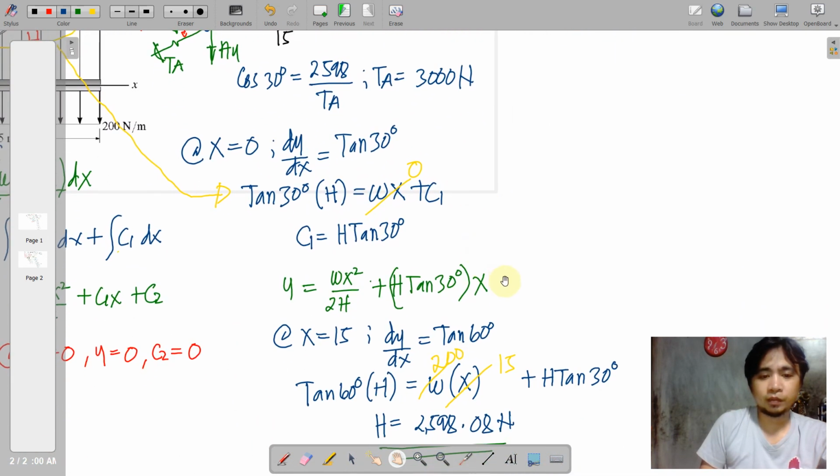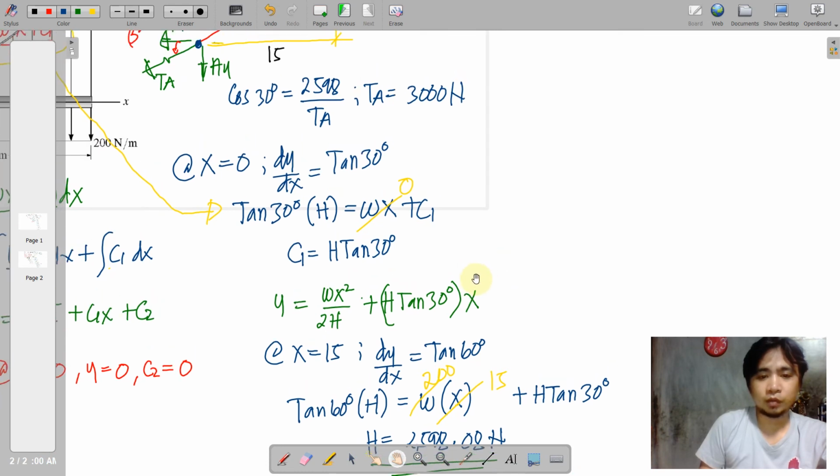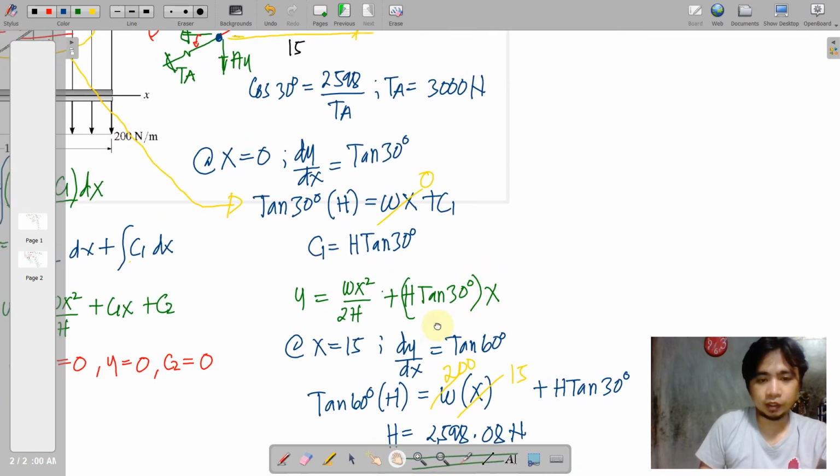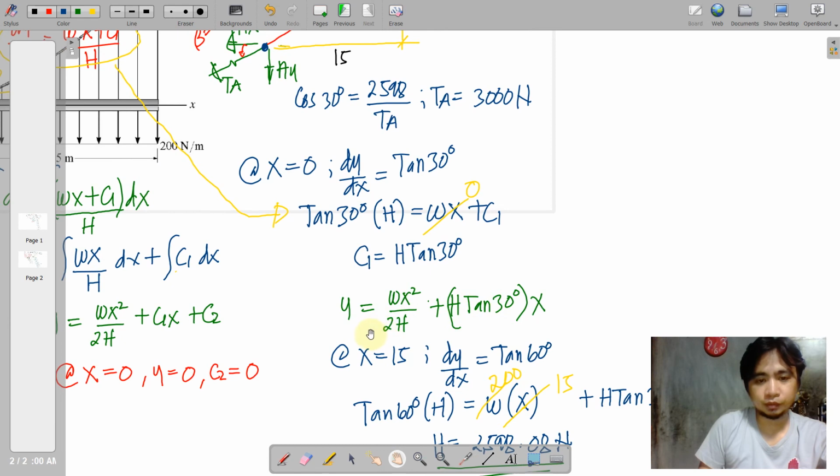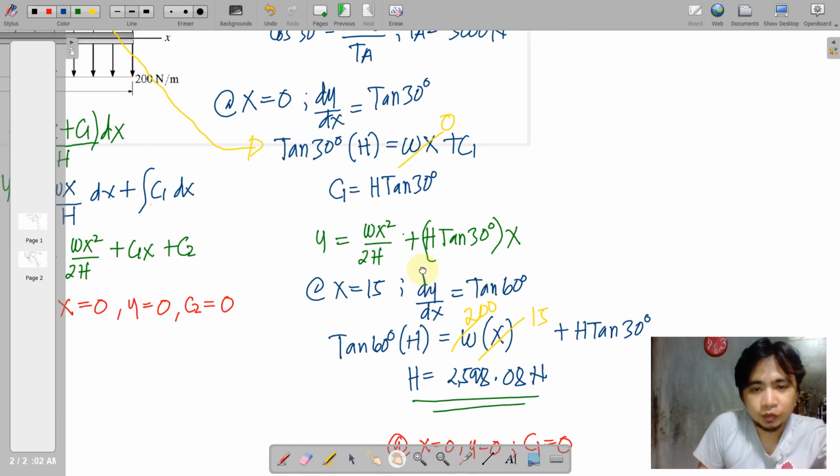And for the equation of y, so the equation of y is this one. Okay, so for our convenience, you might want to consider remembering this formula.